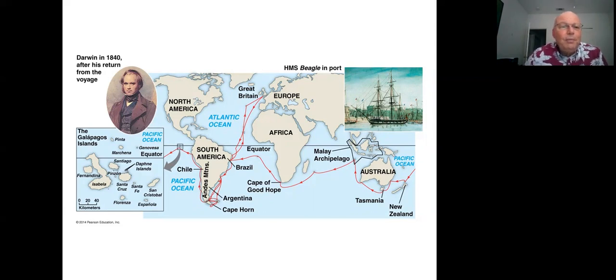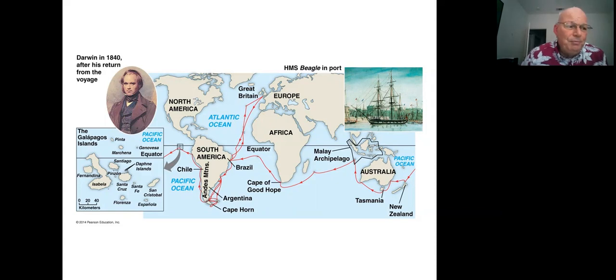And that implied to Darwin that each of the islands had its own unique population of tortoises, even though they looked very similar at first glance. It was quite clear on the basis of what the people could do and from his own small collection of tortoises that he collected while they were in the islands, that each of the islands had their own unique species of tortoises.